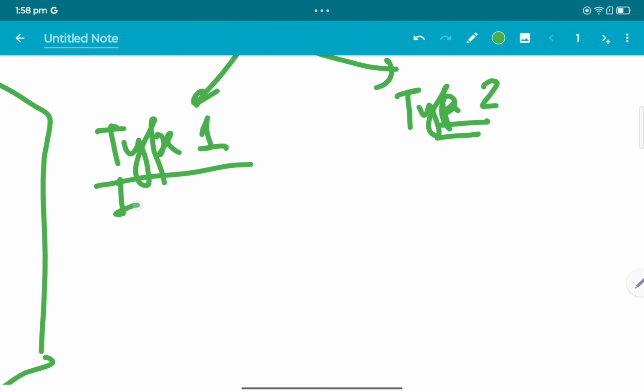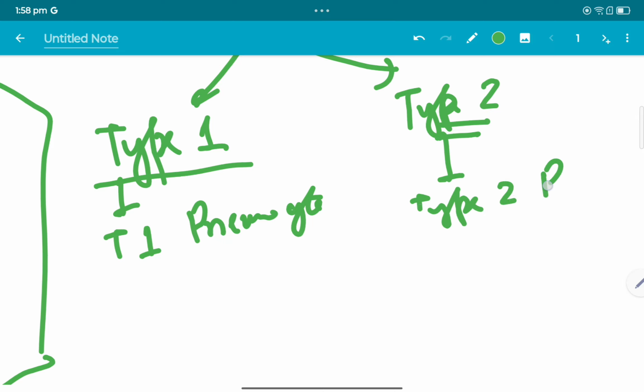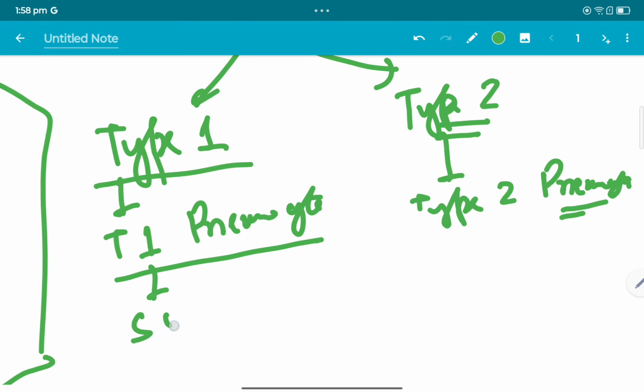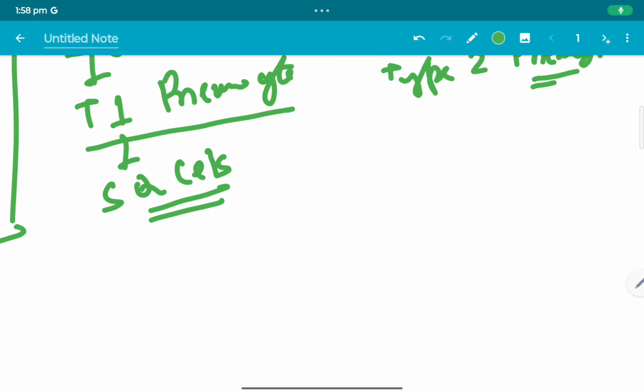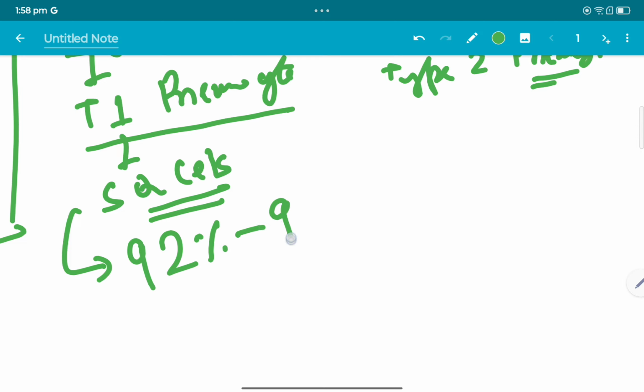Type 1 is called type 1 pneumocyte, and type 2 is called type 2 pneumocyte. These are squamous cells. These type 1 pneumocytes contribute 92% to 96% of the total alveolar surface area.